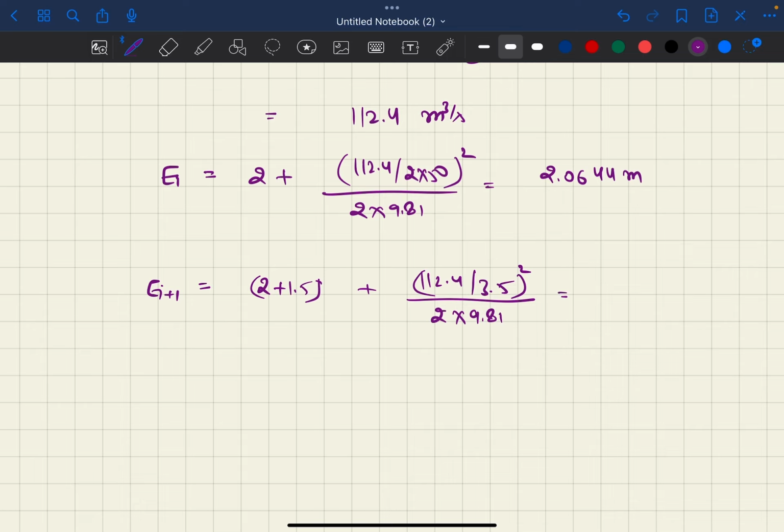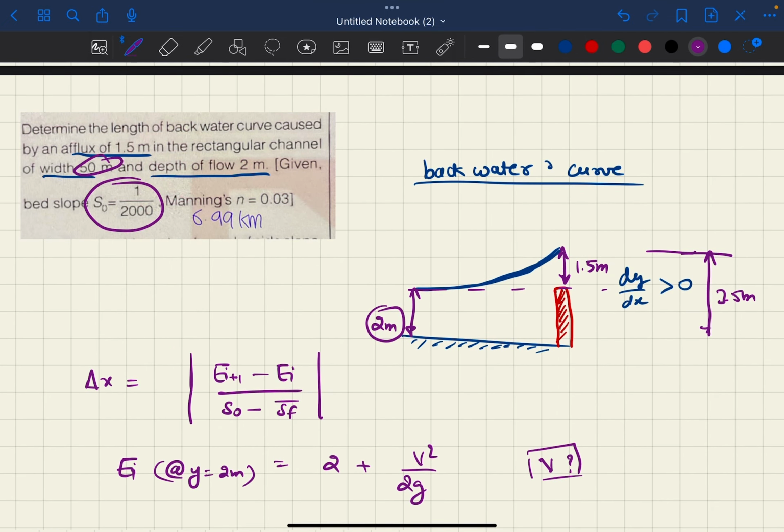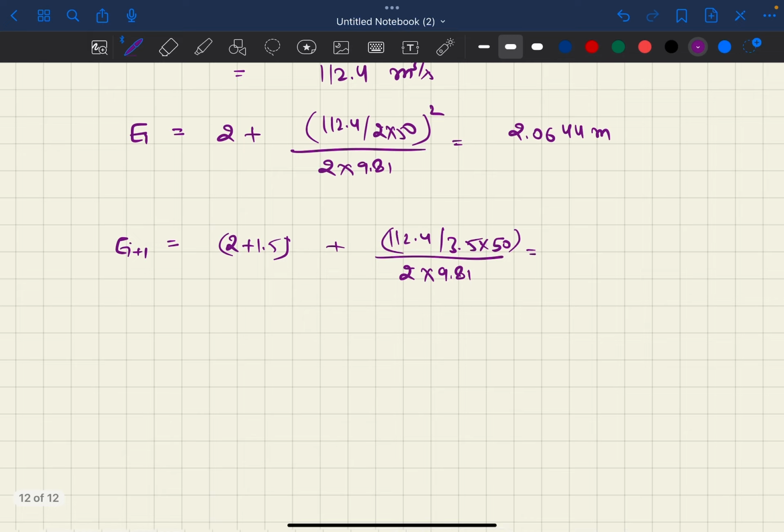I'll have to calculate it again. This is not 3.5, it's 3.5 into 50, since the width is 50 meters. So it is 3.521 meters.